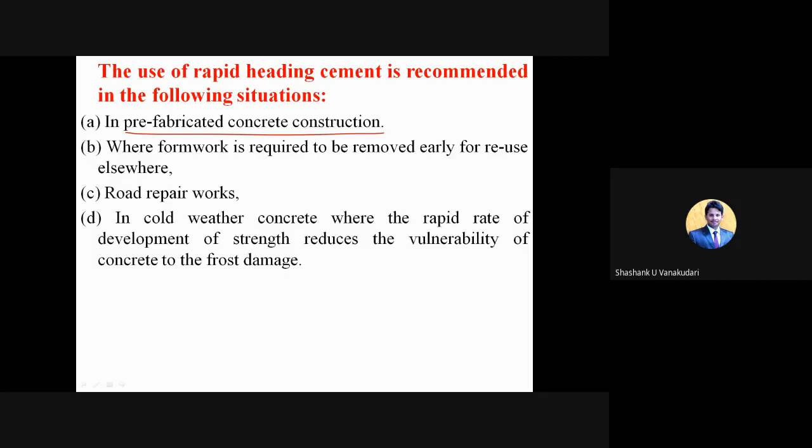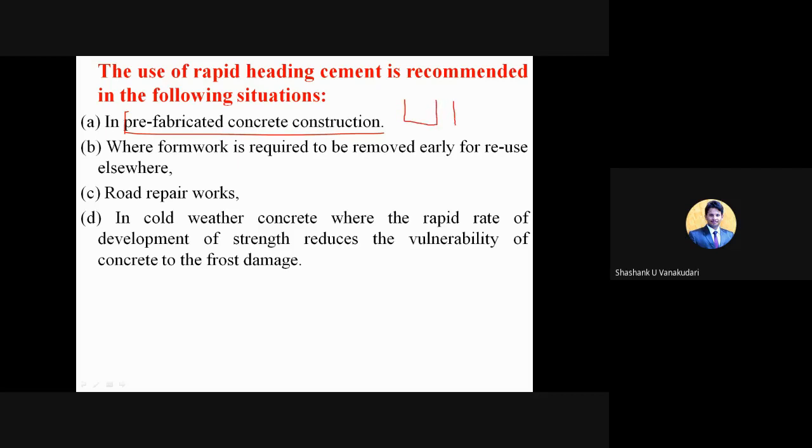Right. So in this case, where the structural elements are manufactured in the factory, they can use this rapid hardening cement, because of the mold they use for that prefabrication system.